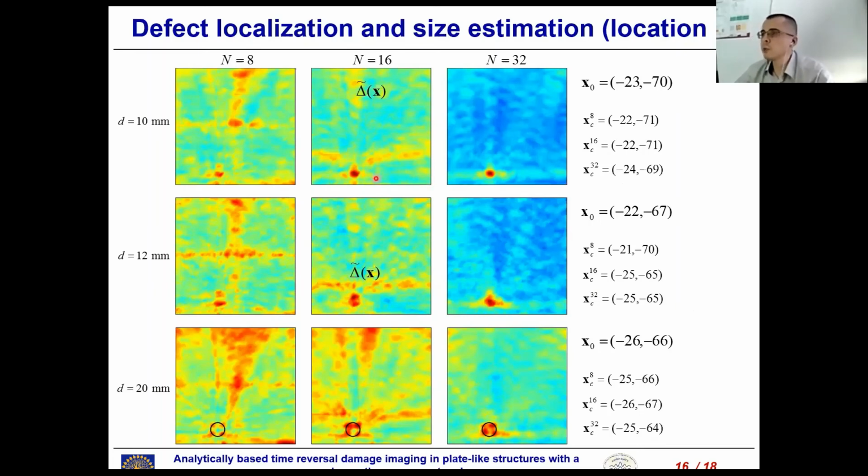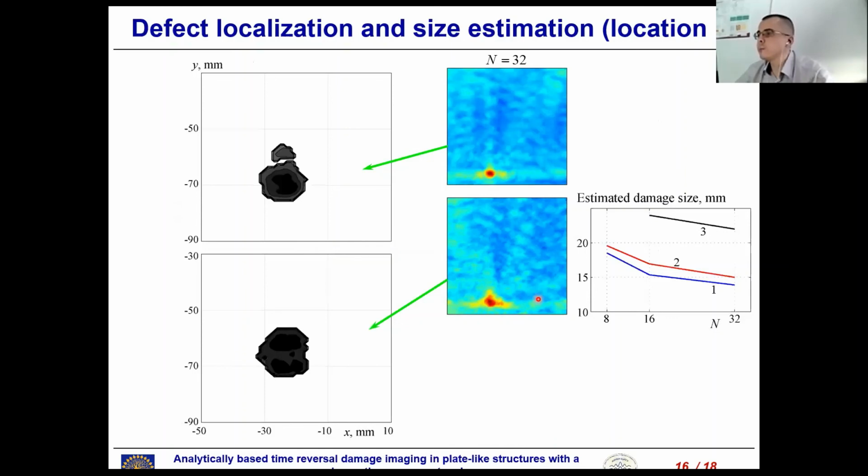So in the case of carbon fiber reinforced plastics, with 8 re-emission points, we were able just to recover the location of the damage rather than its extent. And if we have, let me say, 16 points, in this case we can judge the damage size, but nevertheless, in contrast to the isotropic case, we have quite a strong mismatch in size.